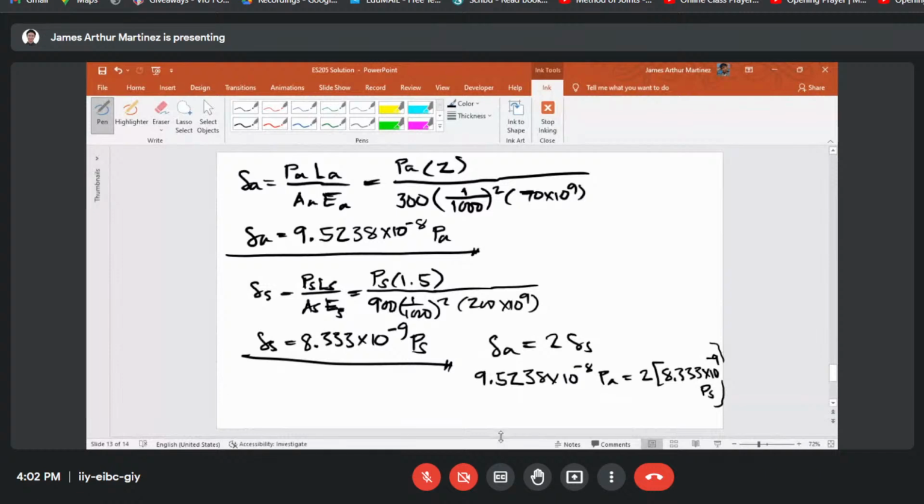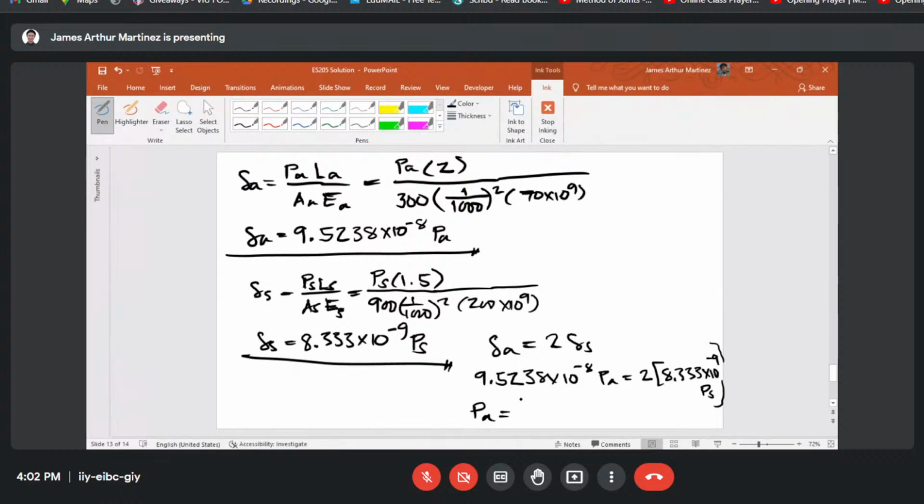Sige. So if we are to express PA, divide both sides by 9.5238 times 10 to the power of negative 8. So 2 times 8.333 times 10 to the power of negative 9 over 9.5238 times 10 to the power of negative 8.